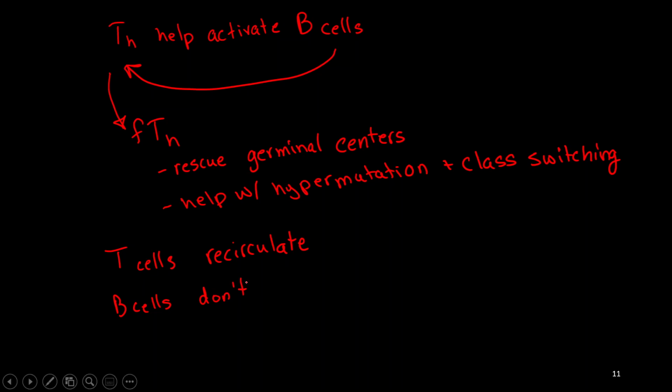Why would the T cells recirculate and go to different lymphoid tissues? Typically, it's going to recirculate to ones that are similar, because there are differences in the secondary lymphoid tissues once they've been activated. But B cells don't. Why are the T cells going to migrate but not the B cells?